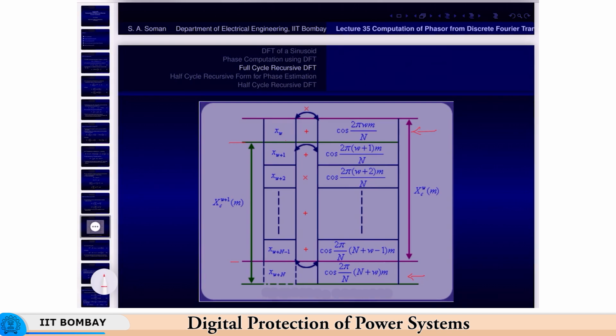Just add one term and remove one term. But if you see the term that is being added, it is cos of 2 pi by n, n plus W of m. Because now we are going to W plus n here.